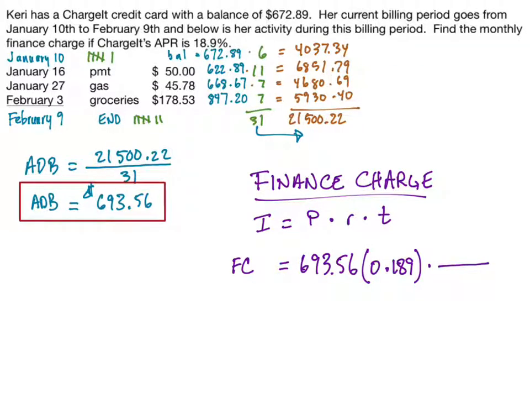So to get a more accurate length of time or part of a year, we actually have to multiply by 31 out of 365. So if I do all of this multiplication, my finance charge turns out to be $11.13.